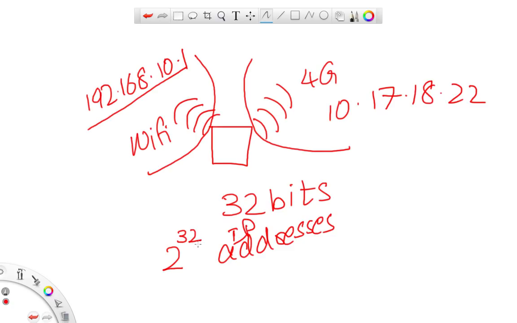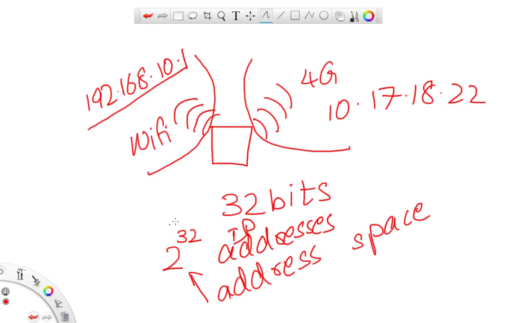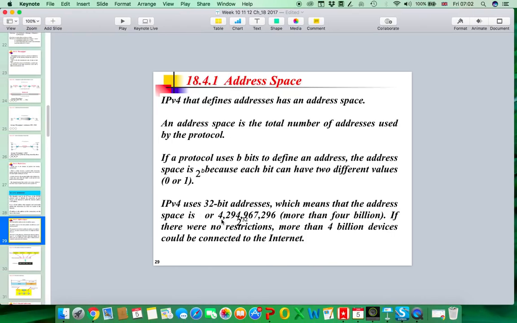This is your address space. So we have about 4 billion, 29 million, and so on. That's the number of addresses in the address space created by the 32-bit address.